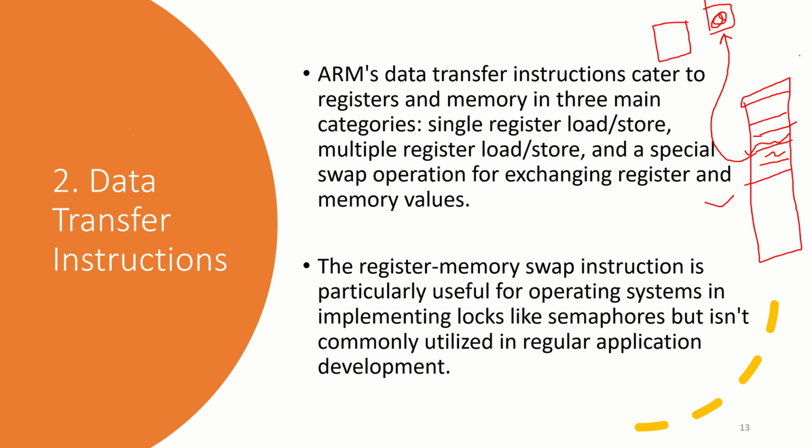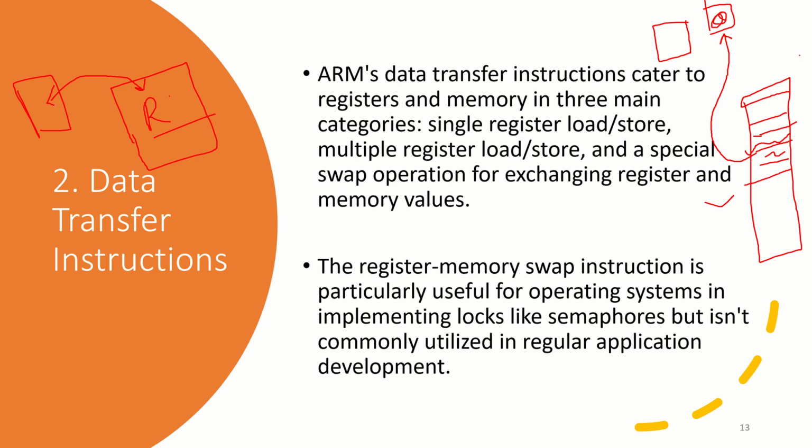If we are processing inside the register itself, whatever arithmetic or logical operation we do, we call data processing instructions. Even transferring data from one register to another comes under data processing instructions.